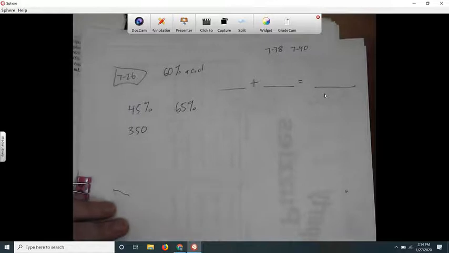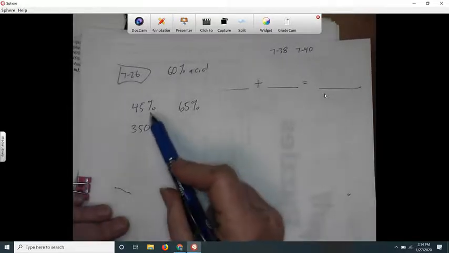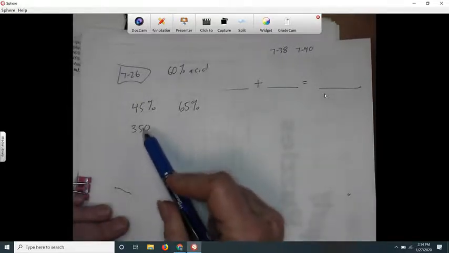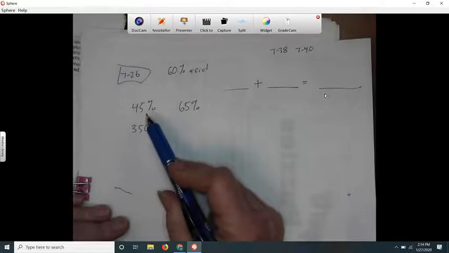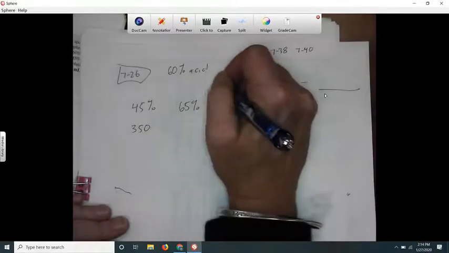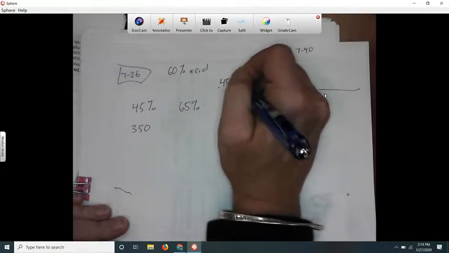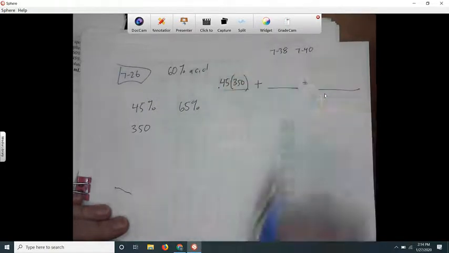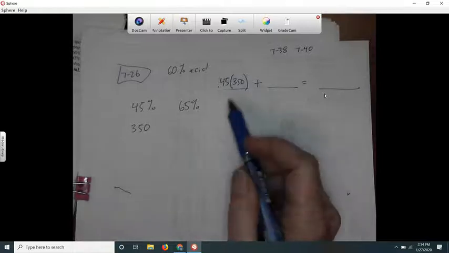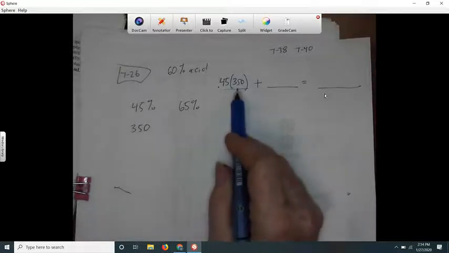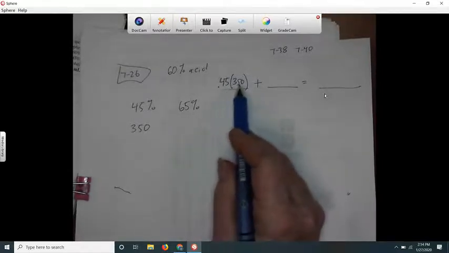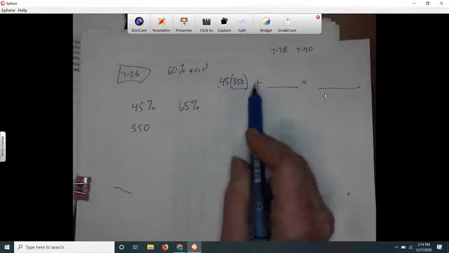So it says that I have to pour in 350 milliliters of this 45% stuff. That would actually give me how much acid there is, because it's 45% of this amount here.